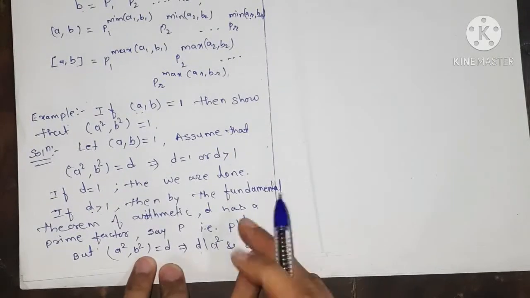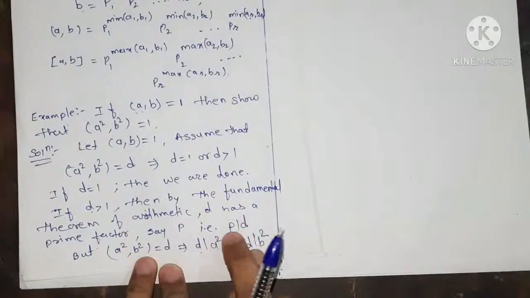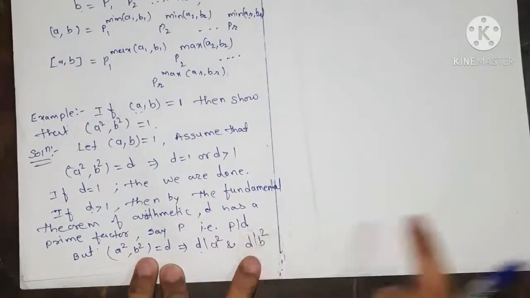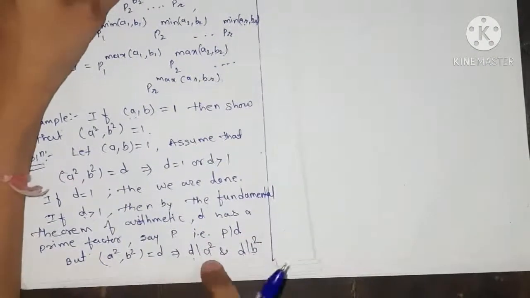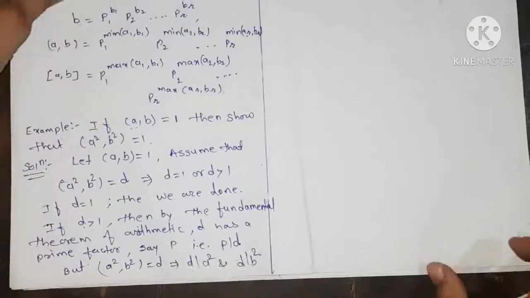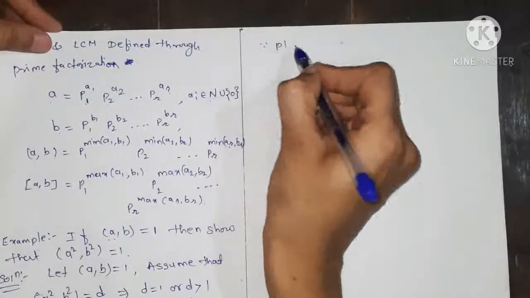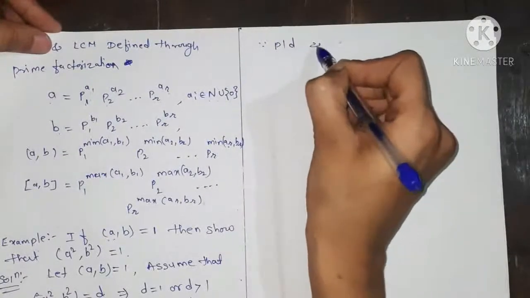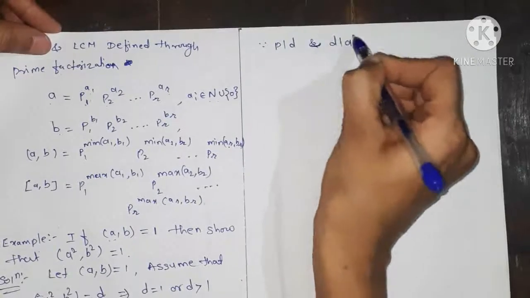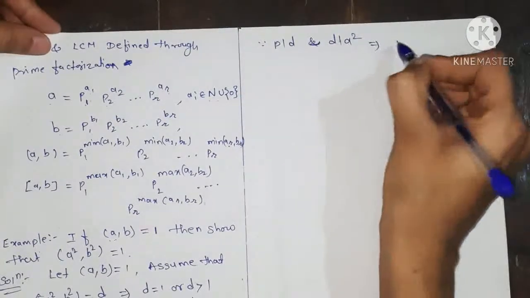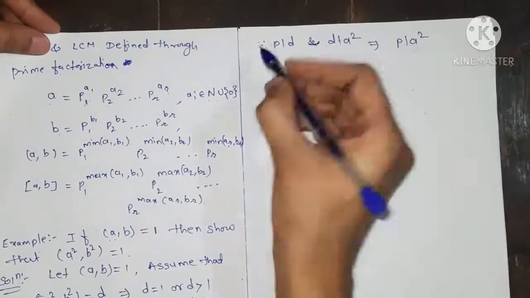But also from this statement we have P is dividing D, right? So P is dividing D and D is dividing A square. So this implies that since P is dividing D and D divides A square, P divides A square.